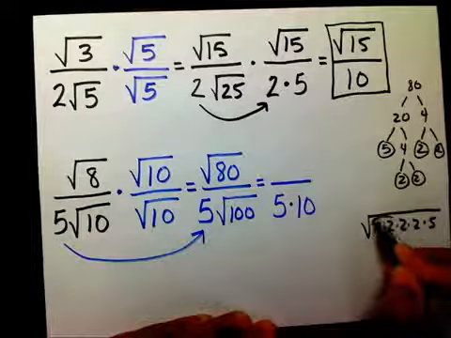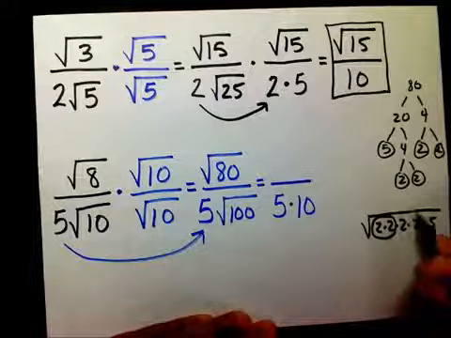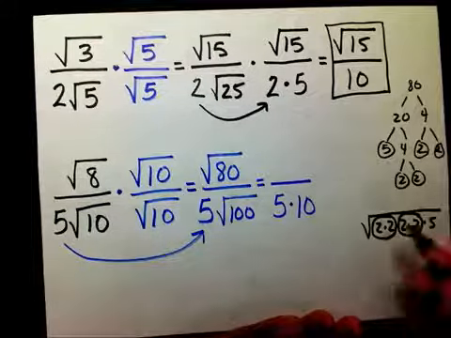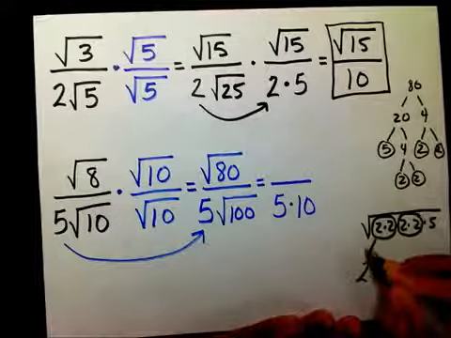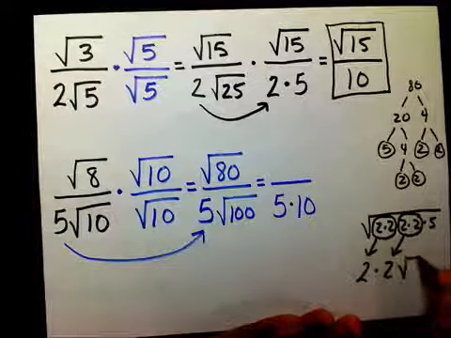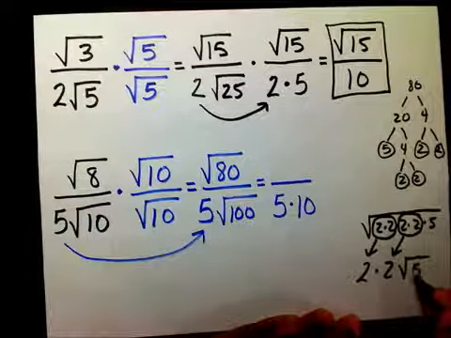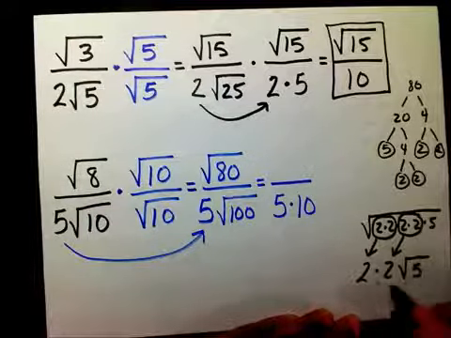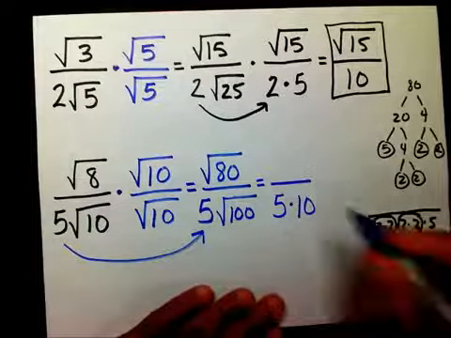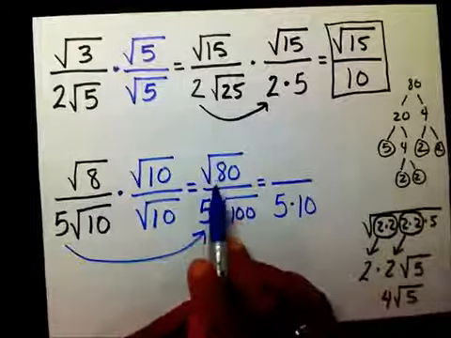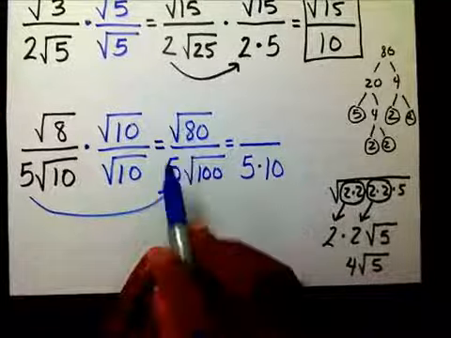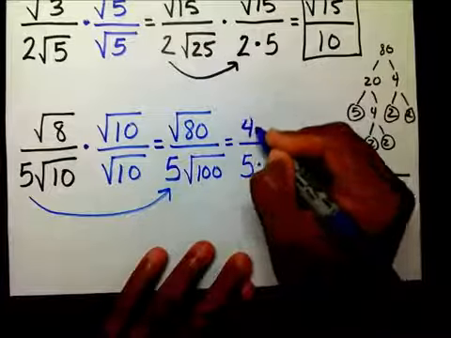Here's a perfect square. Here's a perfect square. Square root of 4 is 2. Square root of this 4 is 2. They both go on the outside, and bring your 5 down. So that's going to be 4 radical 5. So now in my numerator, instead of me writing radical 80, I can write 4 radical 5.